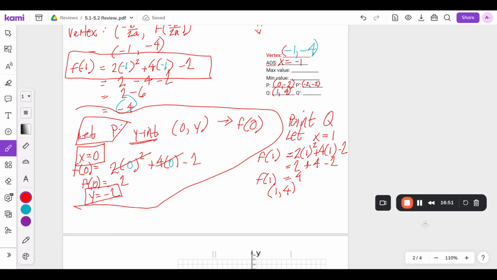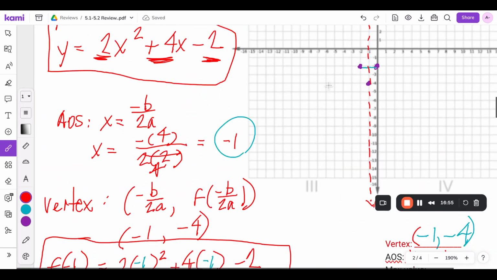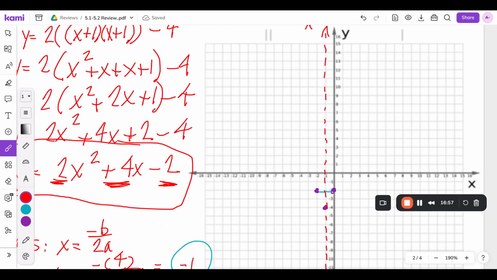I'm going to plot it. I'm going to make my graph bigger so we can see it. I'm going to plot 1, 4. So x is 1, y is 1, 2, 3, 4. I already have the coordinates for it. I have to find the corresponding point. That's why drawing the axis of symmetry on your graph is important.